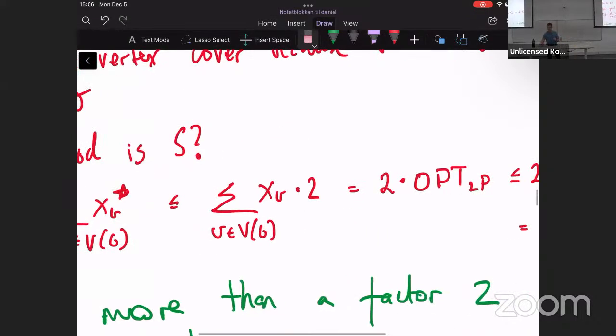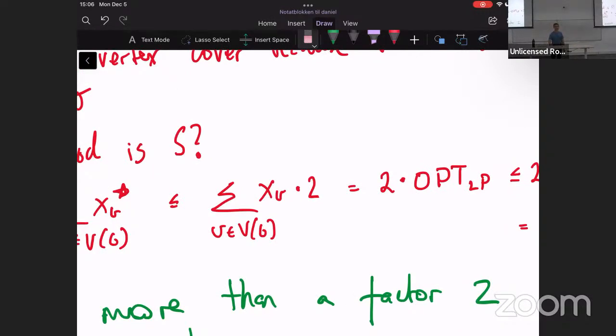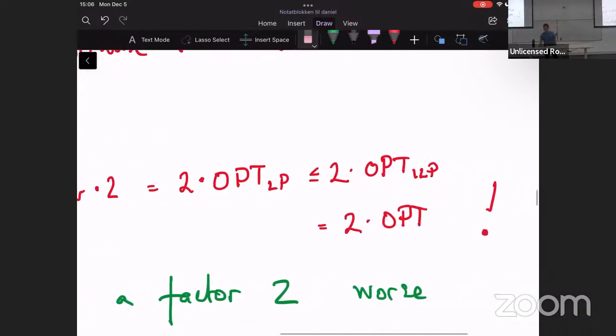So this is at most 2 times opt LP. But what do we know about opt LP versus opt ILP? It's a minimization problem, so opt LP is at most opt ILP. So this is at most 2 times the optimum of the ILP, which is 2 times the size of the optimum vertex cover for this graph.